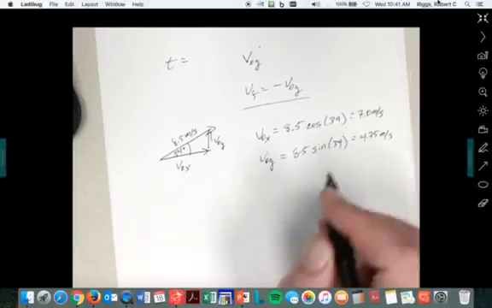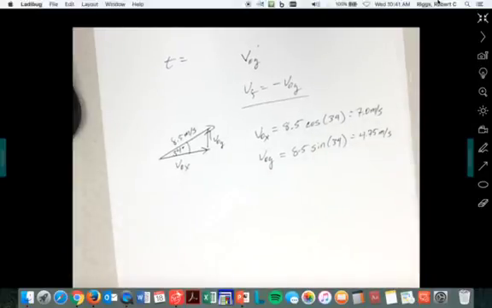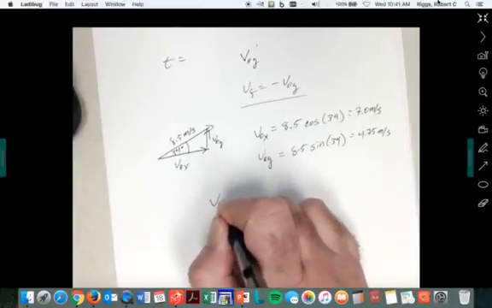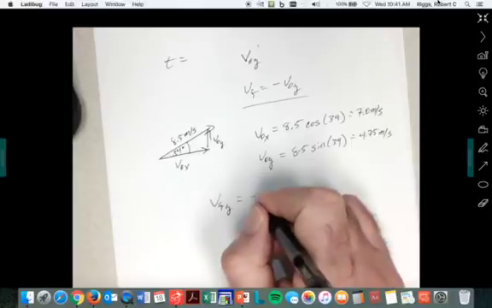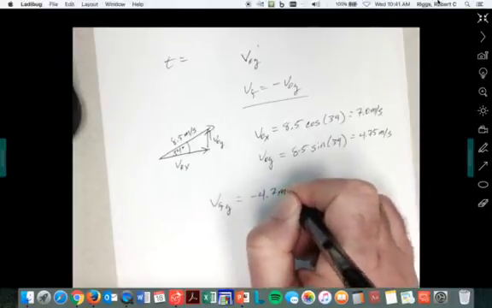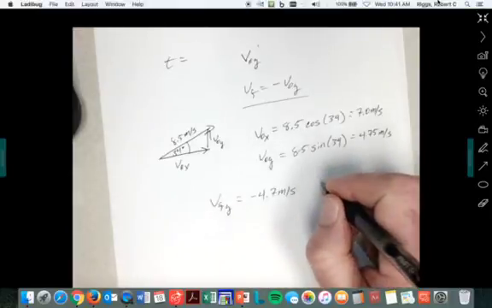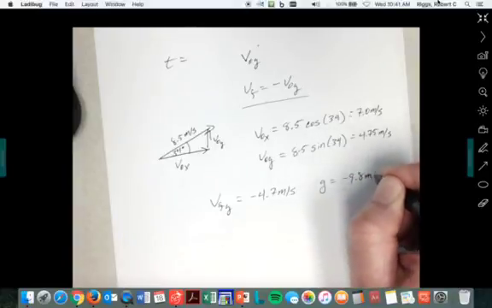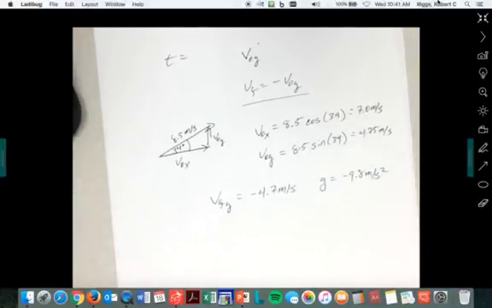So here we go. We've said that V final in the y direction equals negative 4.75 meters per second. The acceleration that it experiences is negative 9.8 meters per second squared. Very cool.